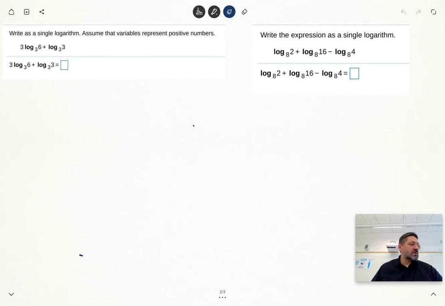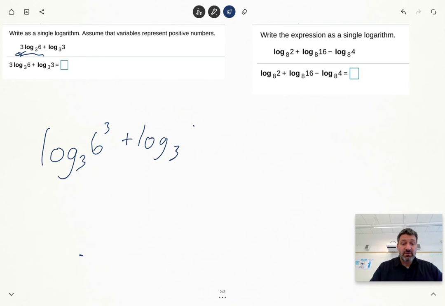So let's look at going in the opposite direction and performing some operations here. First of all, to simplify that first logarithm, if we're multiplying it by 3, that can be reversed from what we did on the previous page. So log base 3 of 6, and the 3 out front can be taken as a power, so we can simplify that logarithm. And then we'll put the other logarithm down, log base 3 of 3.